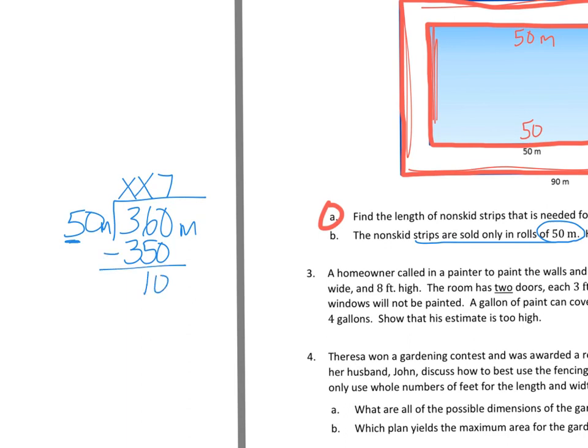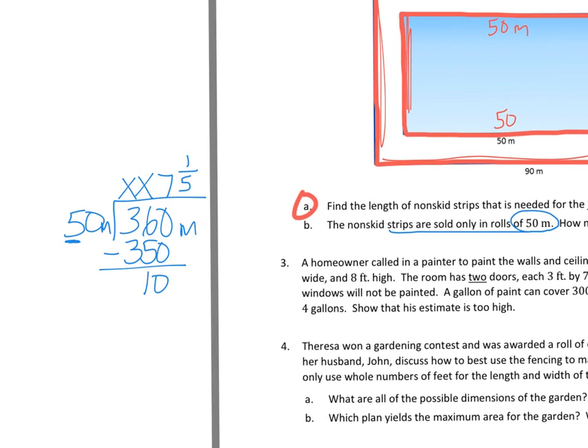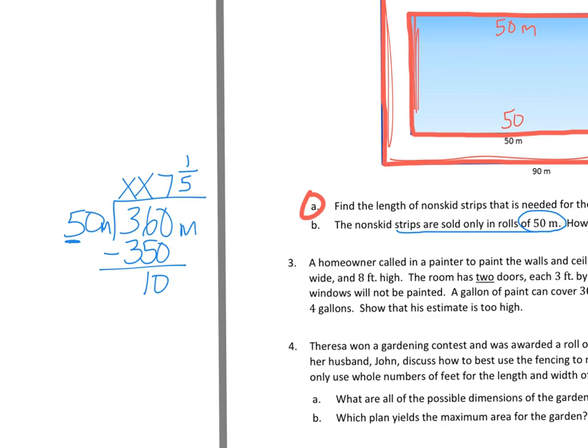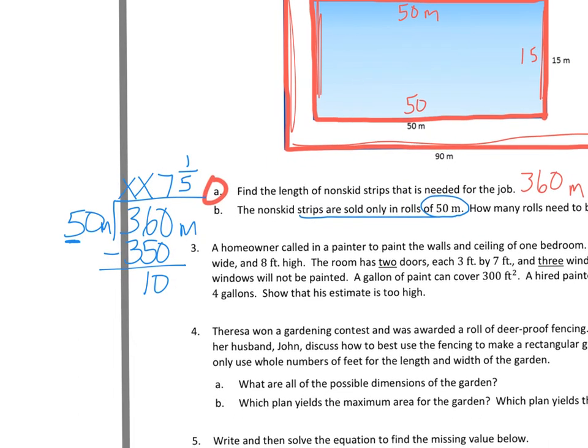So if I subtract that out, I get a leftover. So really I need 7 rolls and 10 50ths, or 1/5. So 7 and 1/5 rolls. Well, I don't know if we can buy 1/5 of a roll. Probably not, because they're only sold in 50 meter rolls. So that means I have to round this up. So it's not 7 and 1/5 rolls, it's 8 rolls, because I have to round that up.